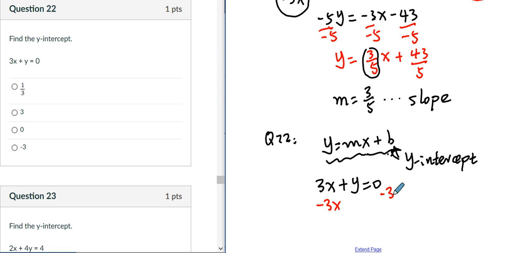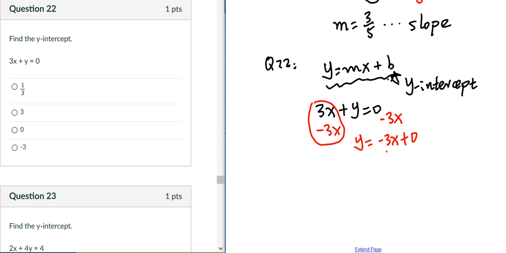Subtract 3x from both sides. So what we get is y equals negative 3x plus 0. Now, in front of x is negative 3. That will be the slope, the coefficient of x.